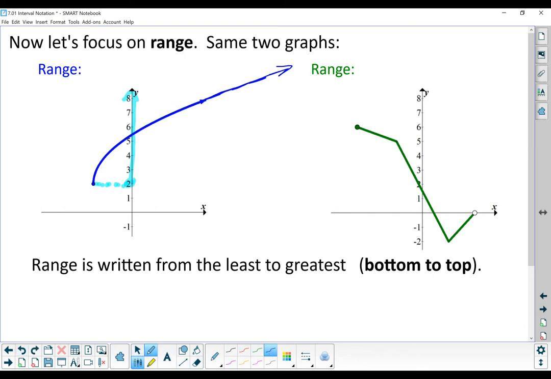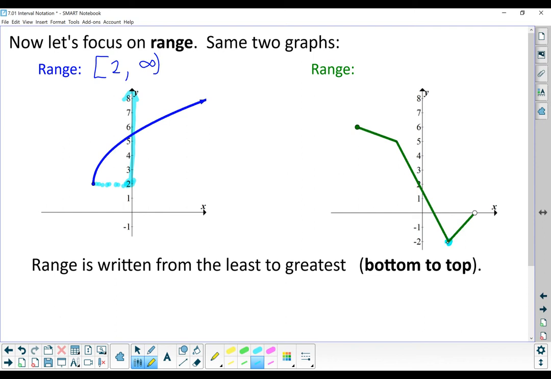So if I wrote the range of this, it would be from the bottom to the top. And the top is that it's going up forever. Okay, for this next function, or this next graph, let me get my highlighter again. So you want to think about bottom to top, and we're not thinking about the end values necessarily.